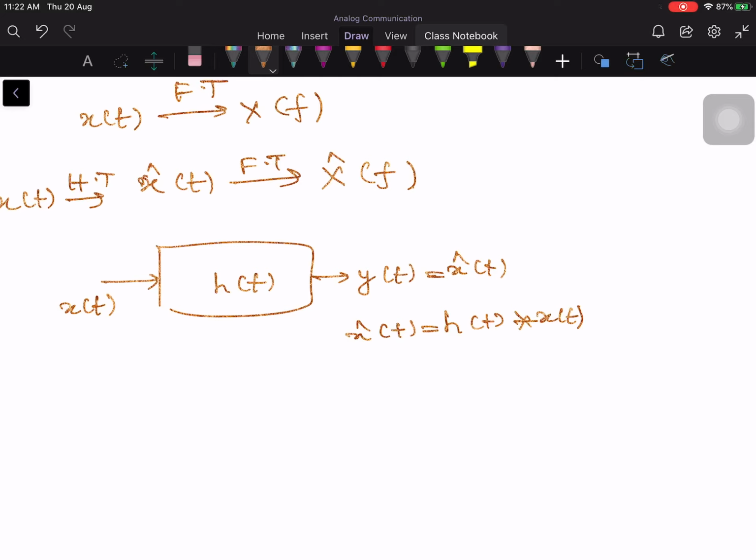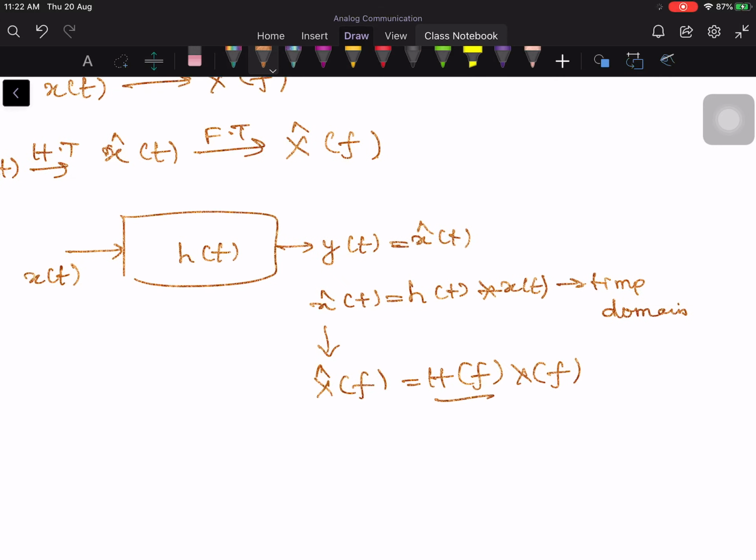Therefore, it is convolution in the time domain. In the frequency domain, the convolution becomes multiplication. So this becomes capital X hat of f, this is H of f and X of f. Right. Now what is H of f? Minus j times signum of f.